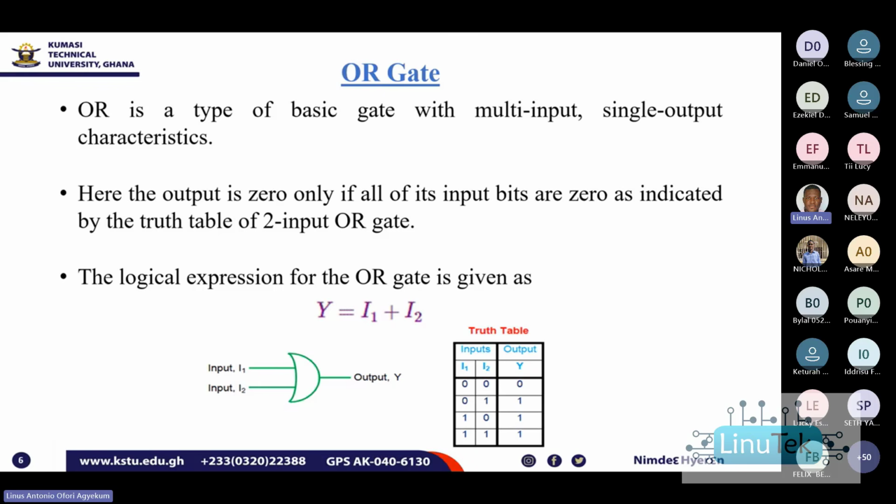If we add 1 to 1, it's 1. Do you understand? Yes, sir. That is the principle. So the NOT gate and the OR gate are not the same. They operate with two different principles. The NOT gate would give you an output which is opposite to the input. But the OR gate would give you an output after performing a binary addition on the two inputs. Okay?